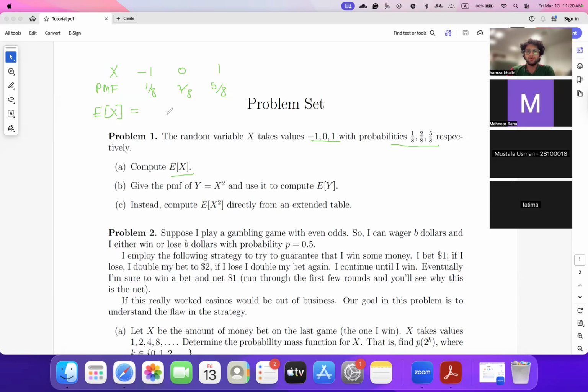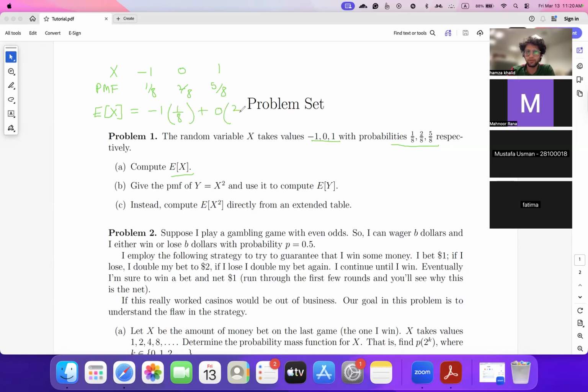Guys, it's really difficult to talk to the camera, so I need some people conversing with me. We'll multiply the values for x by the corresponding PMF values, and then we'll sum it up. Yes, precisely.